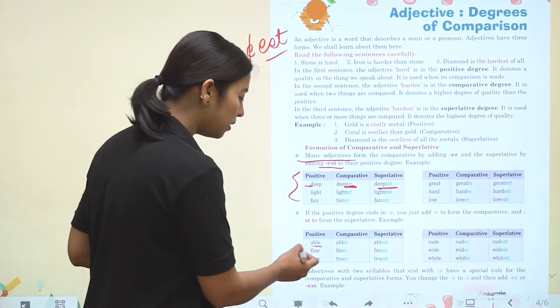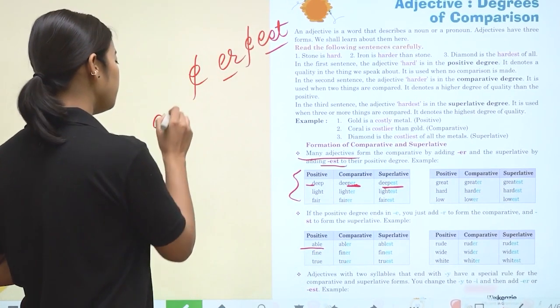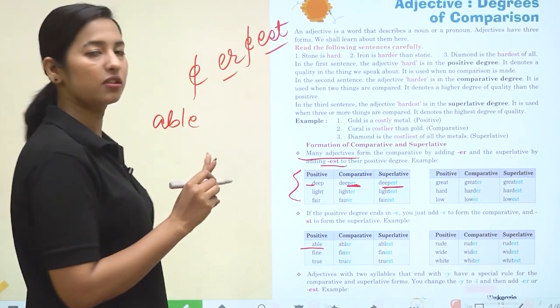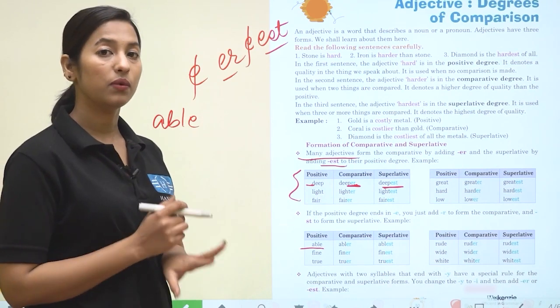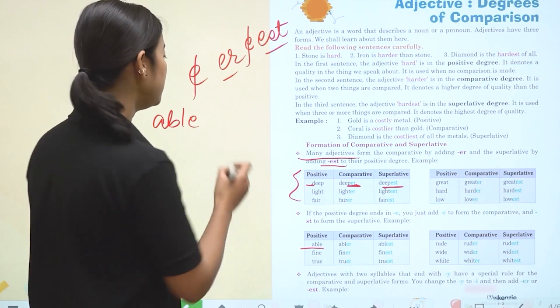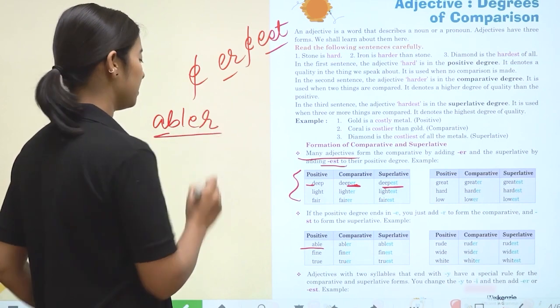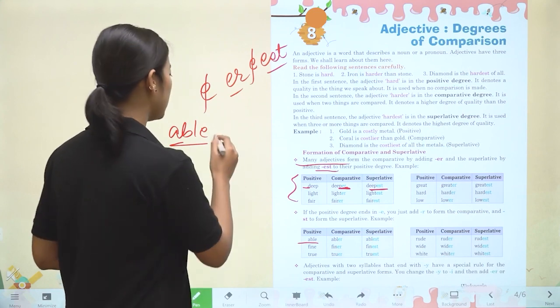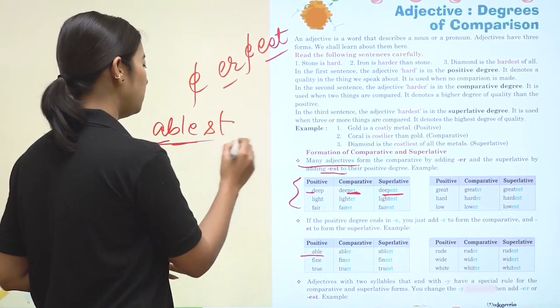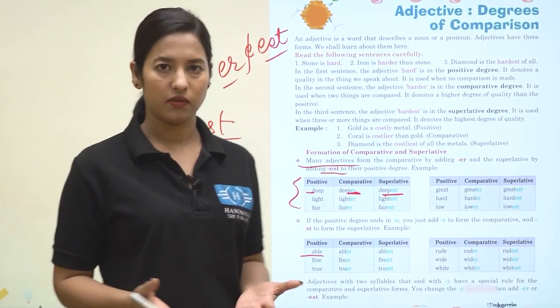So able, A-B-L-E, is its positive degree. To make its comparative degree, we simply add R. So able has become abler. And to make it superlative, we add only ST. So ablest becomes its superlative degree.